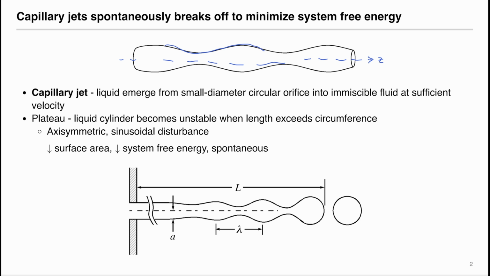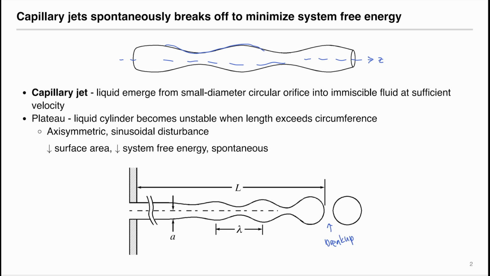And we can also look at the radius of the orifice as a, and the wavelength of the sinusoidal disturbance can be denoted lambda. And we can see that when the length of the cylinder exceeds its circumference, we see a jet breakup.